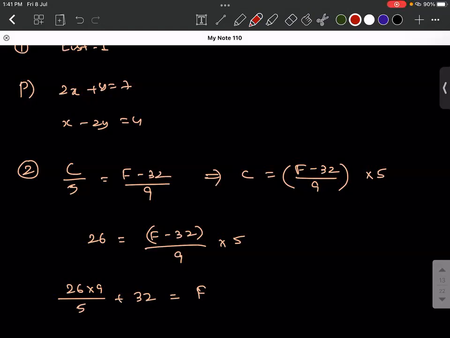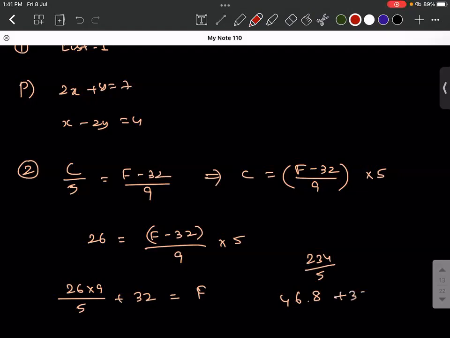But there is no number I'm able to see starting with 5. So 26 into 9 is how much? 234. So 234, you add 32 directly, you wouldn't take LCM. 234 divided by 5 is how much? 46.8.